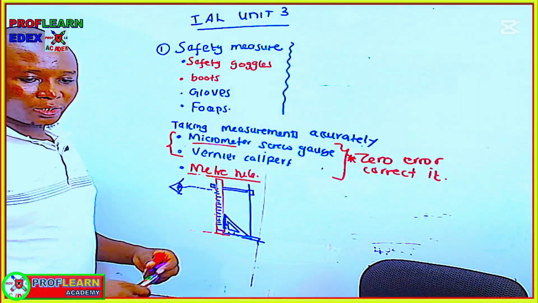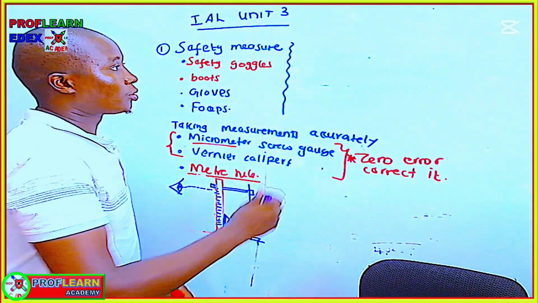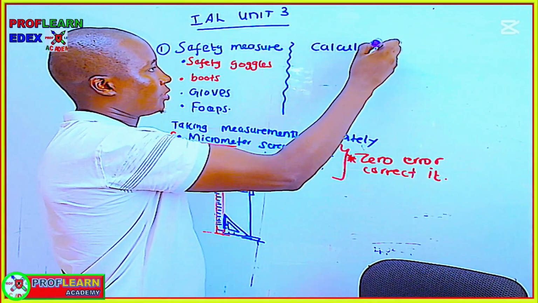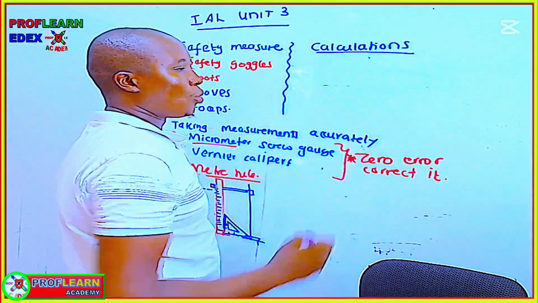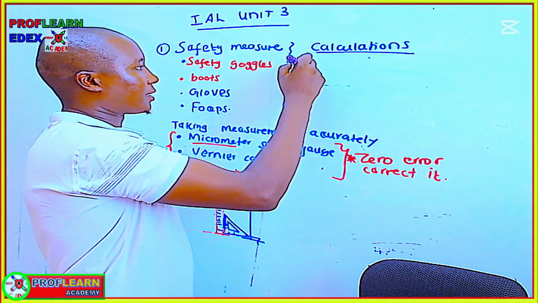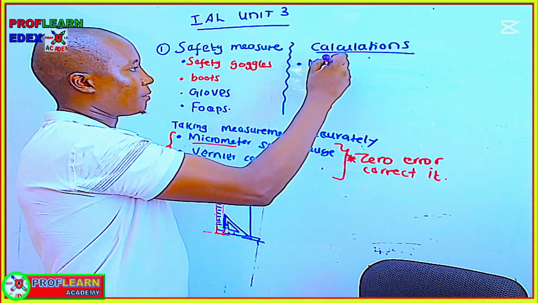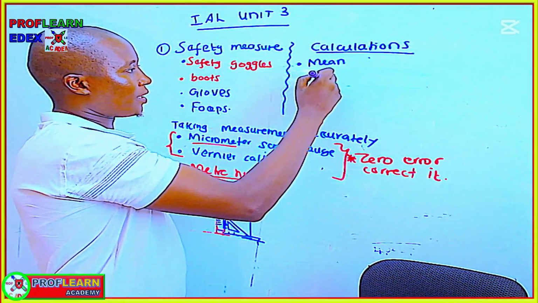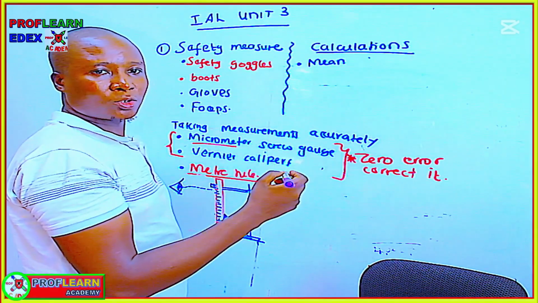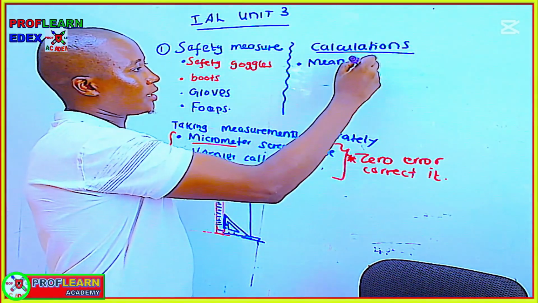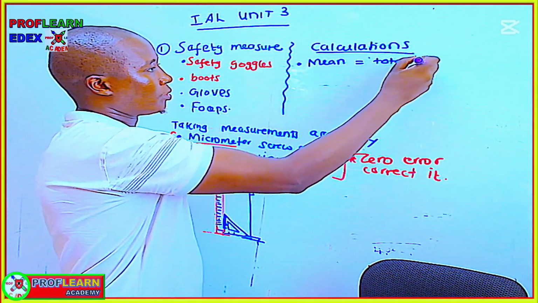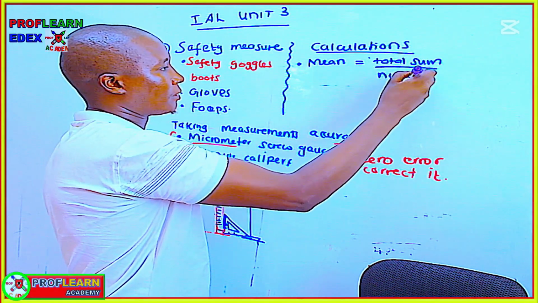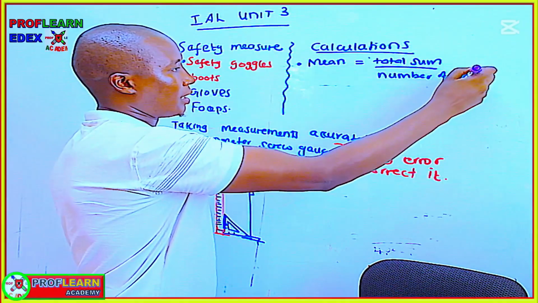Let me also mention another concept that is key when it comes to Unit 3, which is the calculations that you are going to be asked. One of the calculations you are going to be asked is the mean of a quantity. So you might be given different data and you are supposed to work out the mean, and to do that is the total sum divided by the number of data.